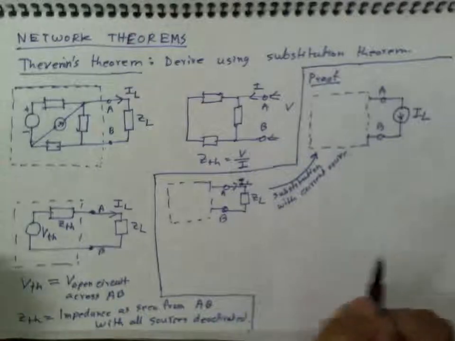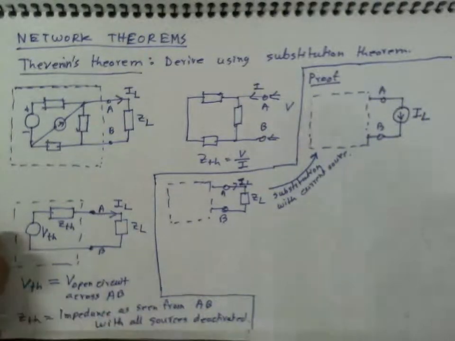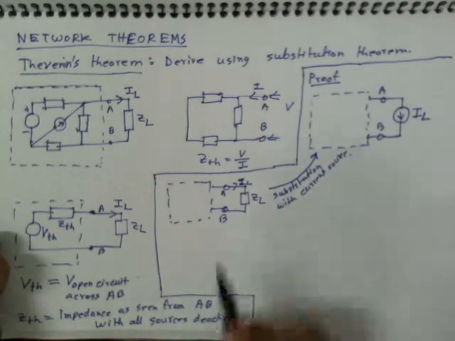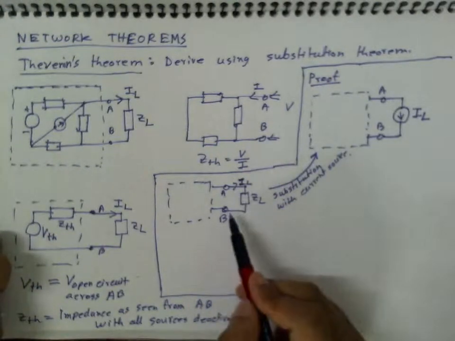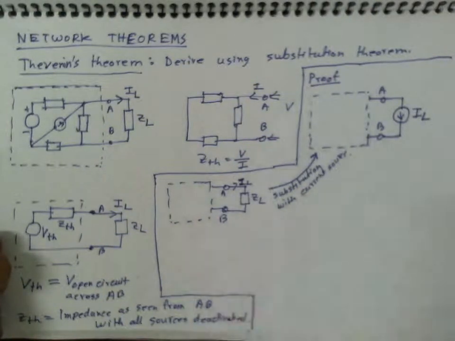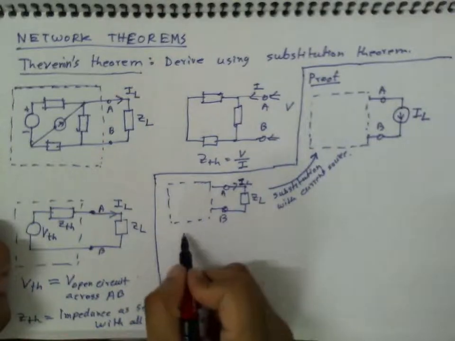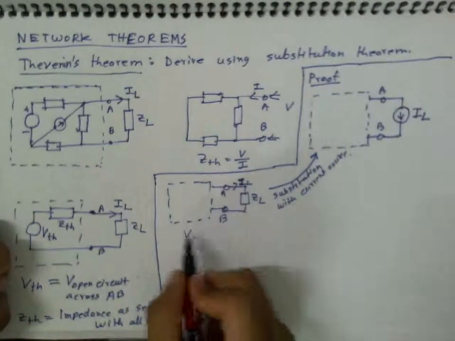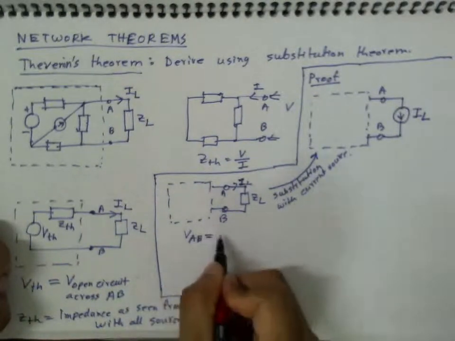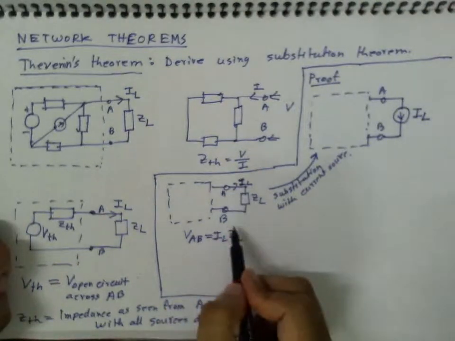Right? Now let's ask the question: what was the voltage in the original circuit across A and B? Here in the original circuit across A and B, it was IL ZL, right?